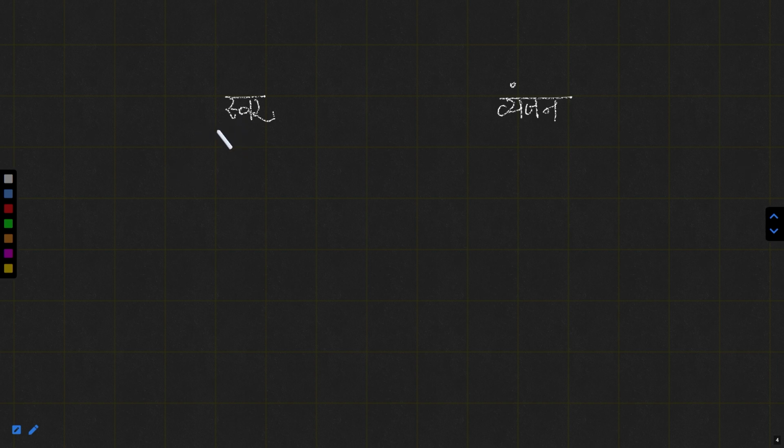Now, whenever we pronounce any word, for example the word apple, if I write this in Hindi, it begins with a, and a is a Swar. So if it is a Swar, we should use "an apple".